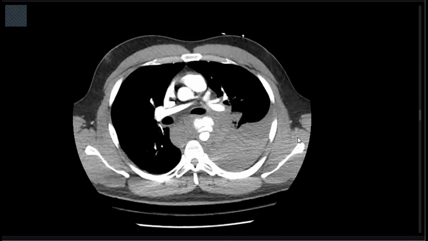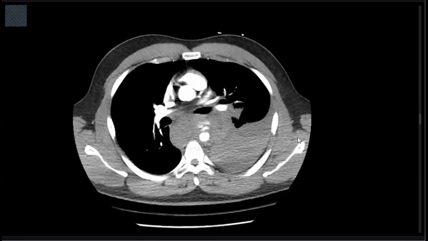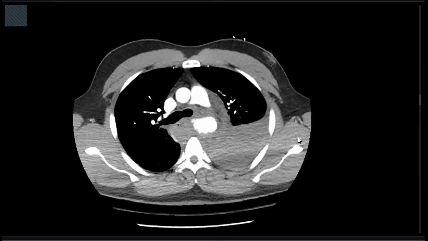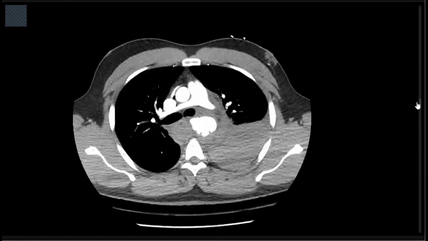I noted that there is... Don't use the scroll bar, please.